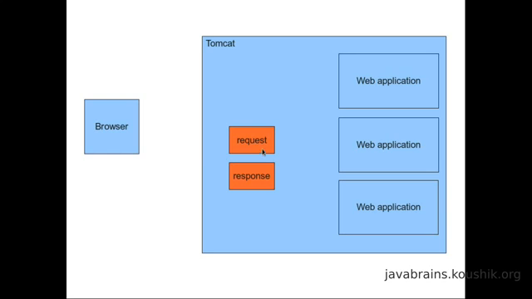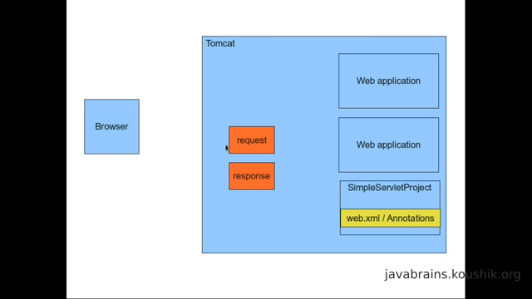Now Tomcat examines this request object, and of course it examines the URL, and based on the URL it identifies that this particular web application needs to run, the simple servlet project. Again, this is based on the context root. Once it identifies the simple servlet project, it goes to the web.xml in the project, or it looks at the annotations that have been configured, and it identifies which servlet needs to be run.